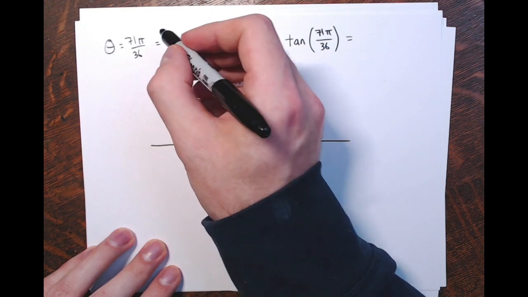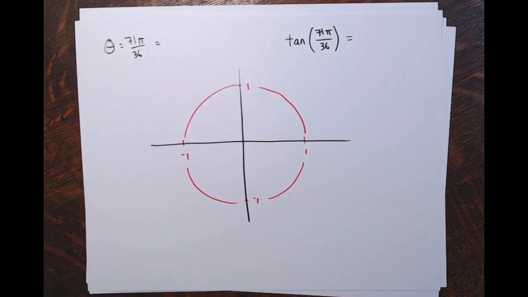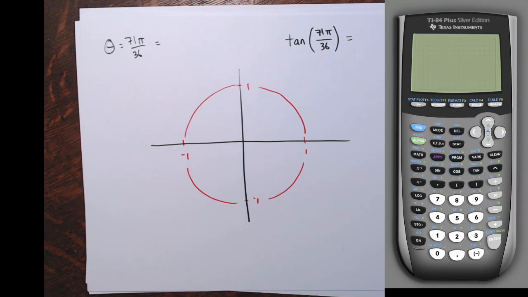Now if you'd like, remember I can multiply this by 180 over pi. I'll pull the calculator up and do this, if you want to get this into degree mode.